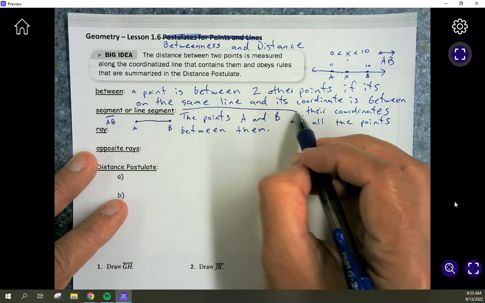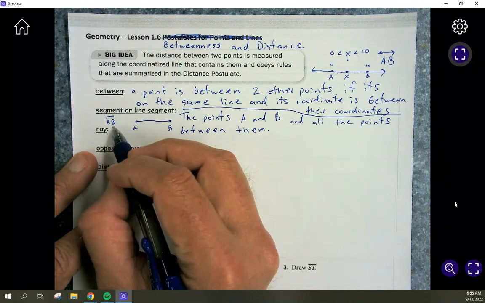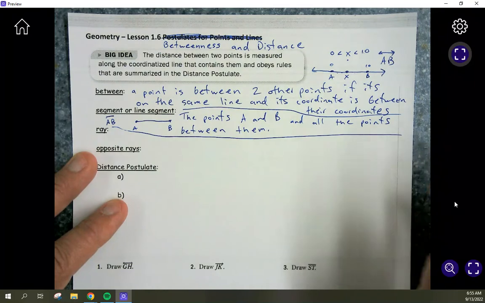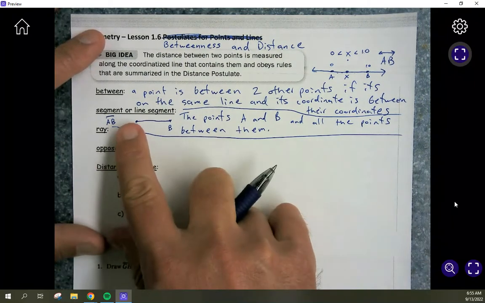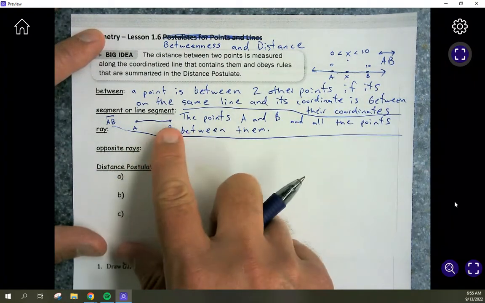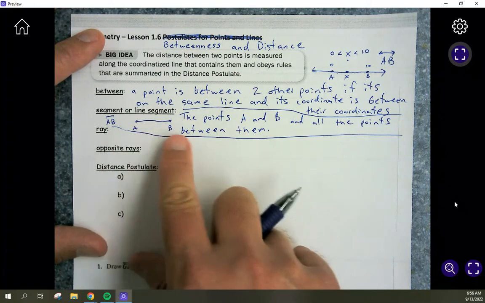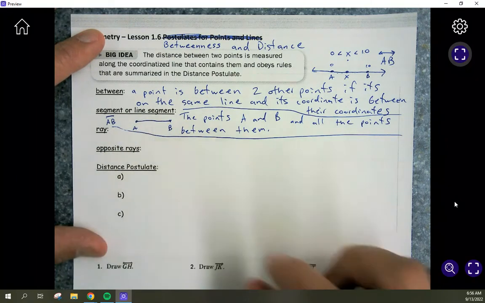So very simple. You've got 2 endpoints. It doesn't go forever in both directions. So the segment is both of those points and then every point that is between them.